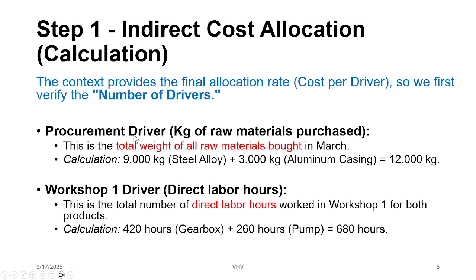First, for procurement, the driver is kilograms of raw material purchased. The company purchased 8,000 kilograms of steel alloy and 3,000 kilograms of aluminum casting. So our total driver quantity is 9,000 plus the 3,000, which equals 12,000 kilograms.